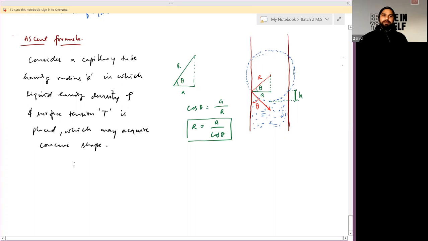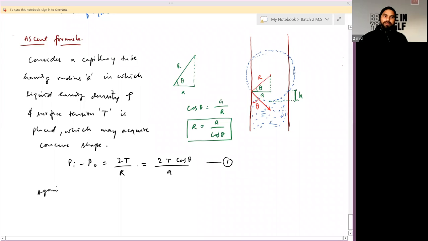We can write Pi minus P naught equals 2T by R, as this entire region is nothing but a spherical part. Now we have to convert this capital R in terms of A, so it will be 2 times T cos theta divided by A. Let's say this is equation first, and this pressure is due to surface tension.